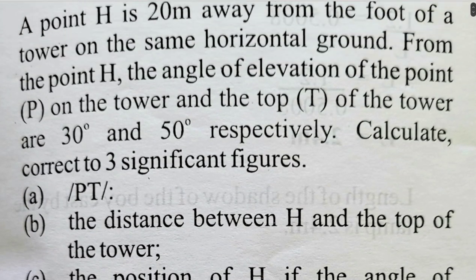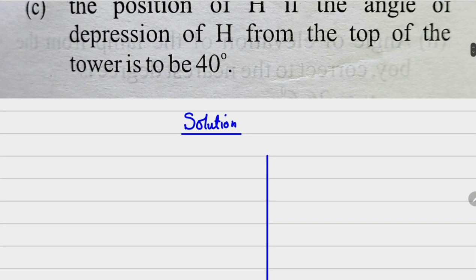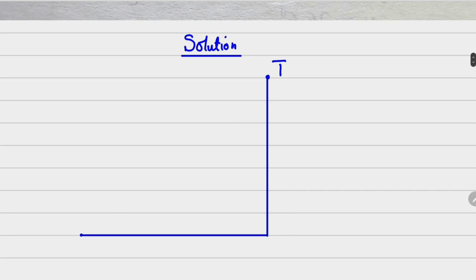If you check the question, we have point P and point T, but point T is the top of the tower. So, I will come to this. At this point is my point T. Now, it means that point P is somewhere along the height of the tower. So let me just pick this place to be my P.